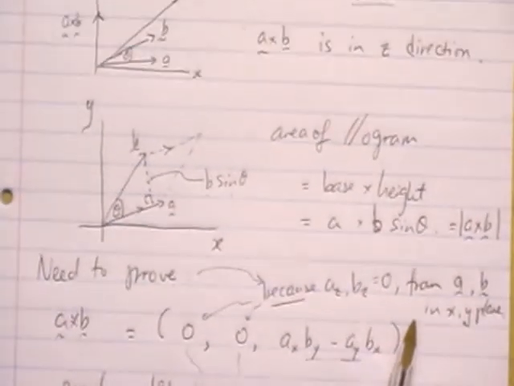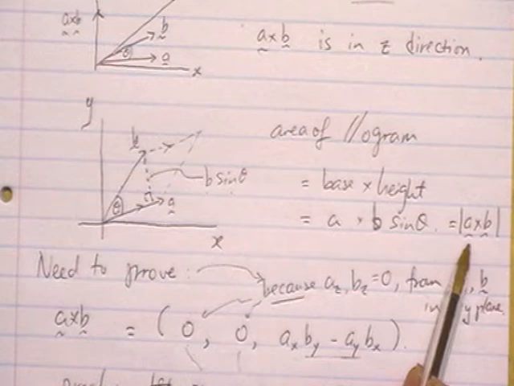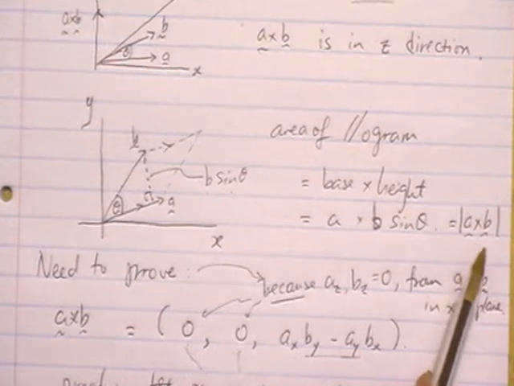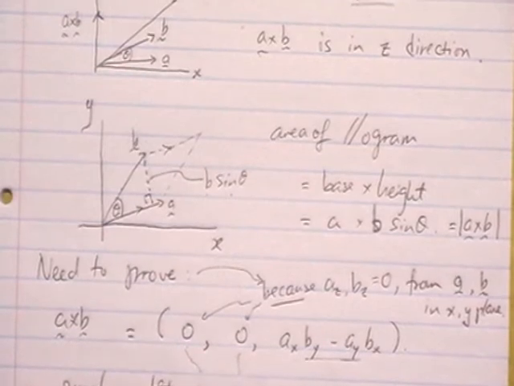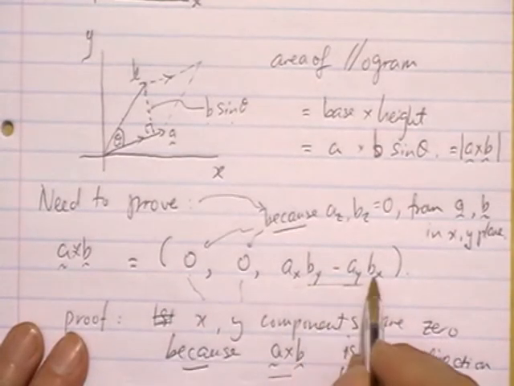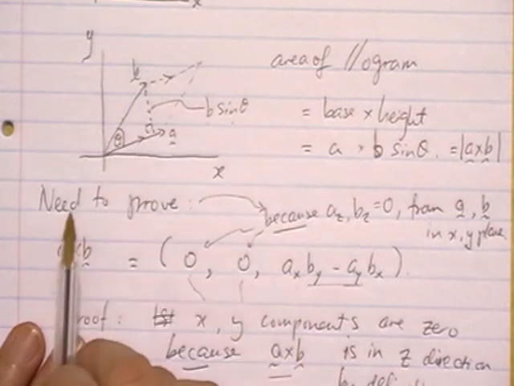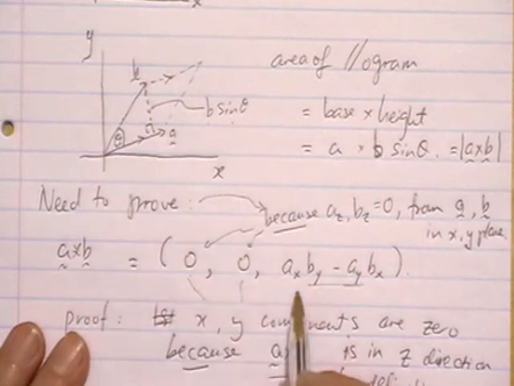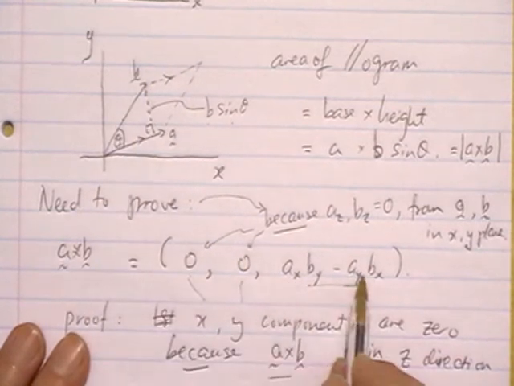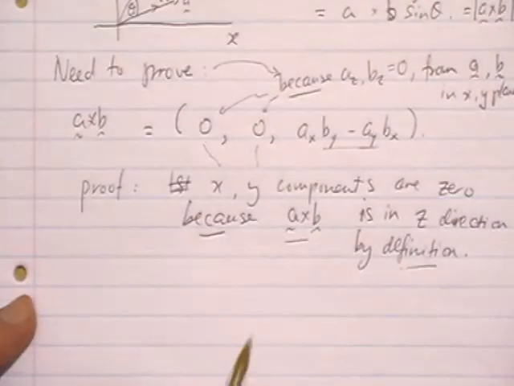As we've seen just now, the magnitude of the vector is geometrically equal to the area of this parallelogram. So in order to prove this, we can look at this parallelogram and see if we can show that the area is equal to this formula. And this is what I'll do next.